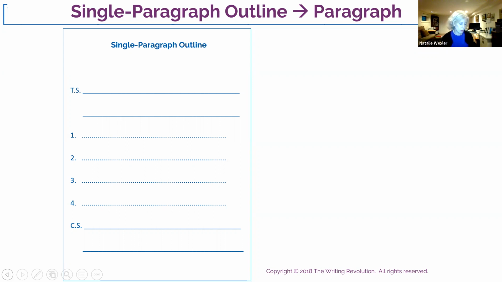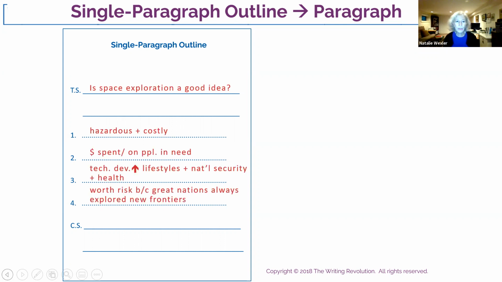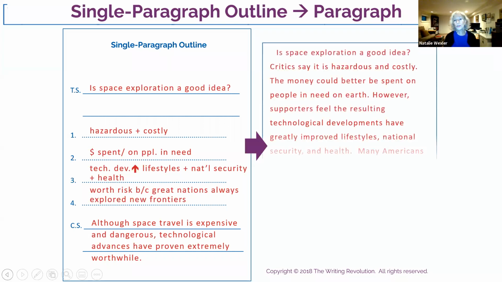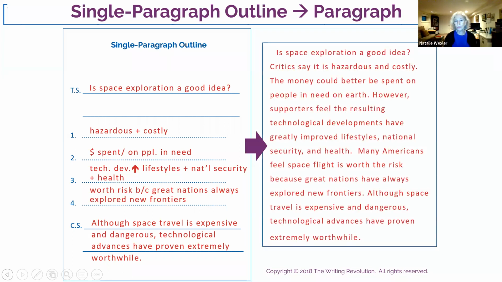So this outline calls for them to write down first a topic sentence, and then some details that they want to include in their paragraph, and finally a concluding sentence. And once they've got that roadmap, it's a fairly simple process to transfer it and turn it into a paragraph using those sentence-level skills that they've learned to make the writing flow smoothly.